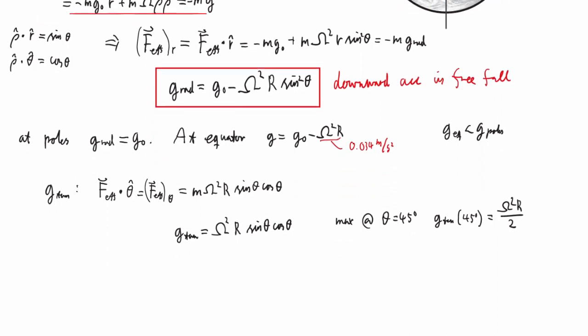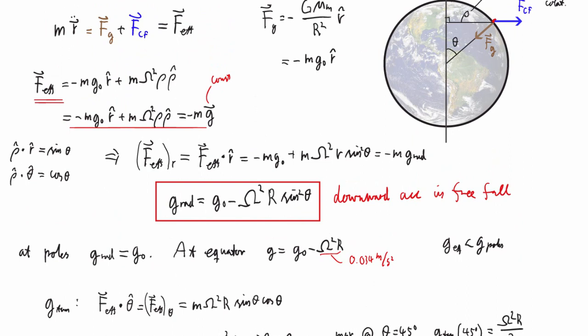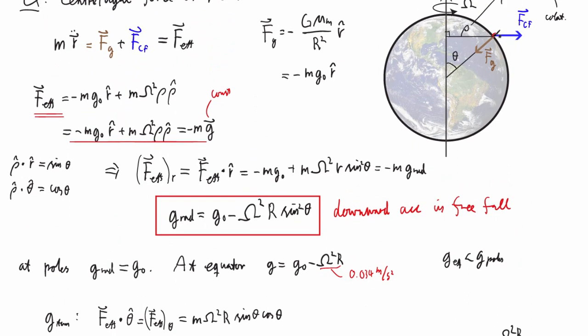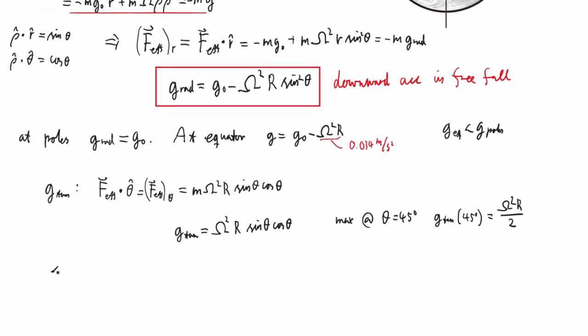And from there we can relatively easily calculate the angle between the effective force and the direction to the center of the Earth. So we're going to say that phi is the angle between the true vertical, defined as the direction towards the Earth's center, and g, let's call it alpha.